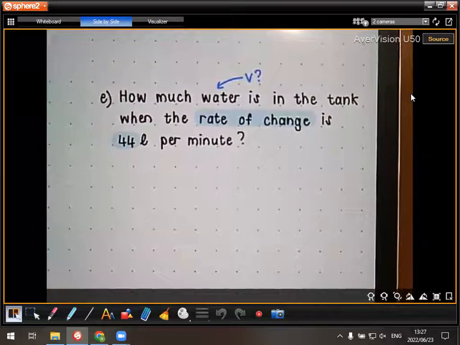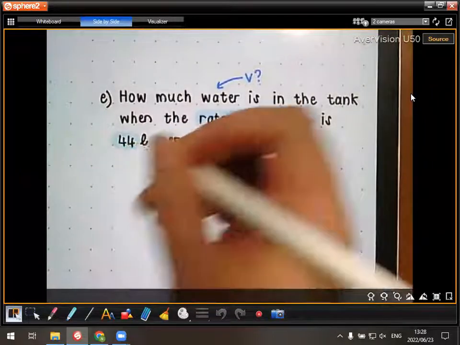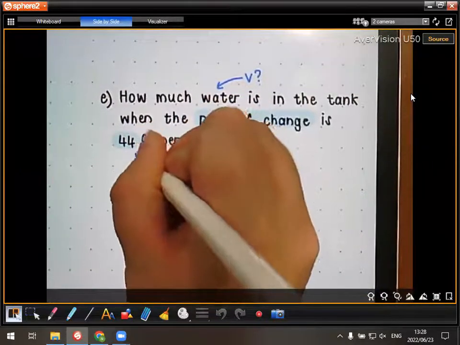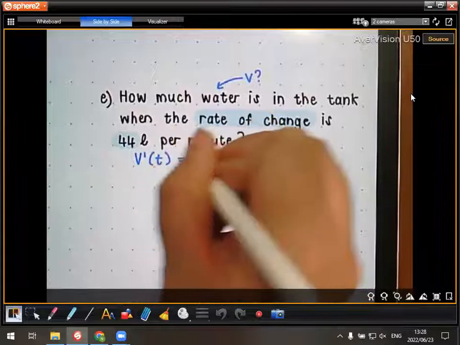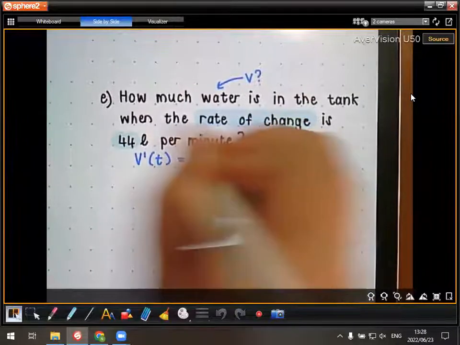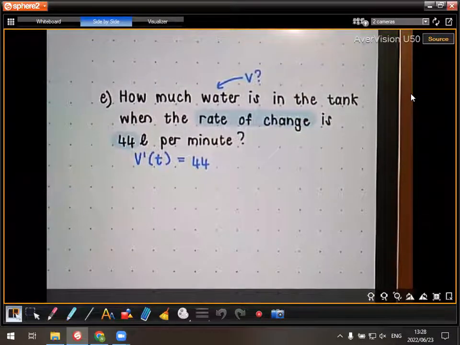The rate of change is 44. Remember, rate of change is derivative. So the derivative of that volume formula is going to be equal to 44. So we need to take our derivative, make that equal to 44, and then we can solve for t from there.